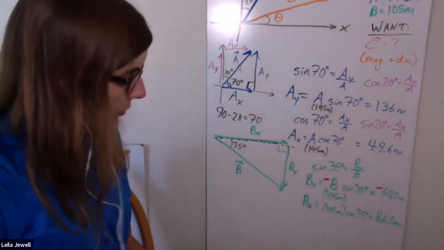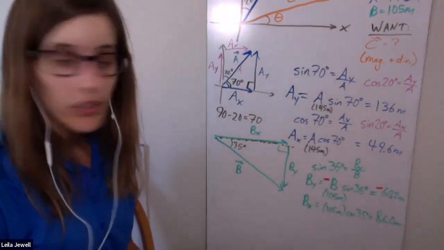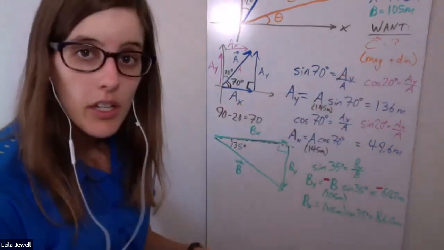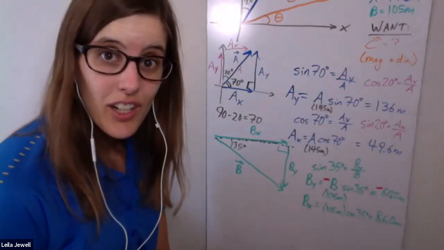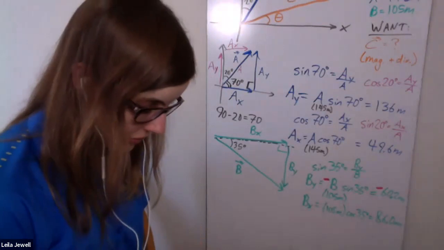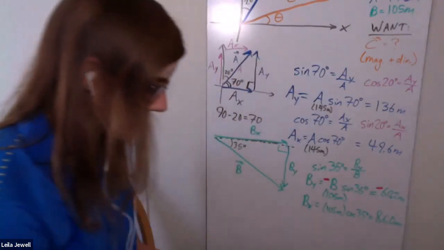So this has been a fair amount of work to get up to this point, but we are now almost there, right? We want to find the magnitude and direction of vector C. We can easily get, at the very least, the x and y components of C, and then from there we can get to the magnitude and direction. So I'll try to keep my color coding consistent here.